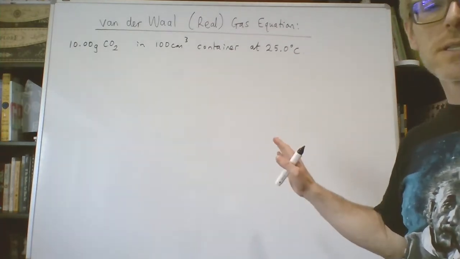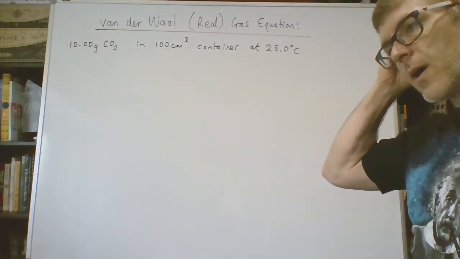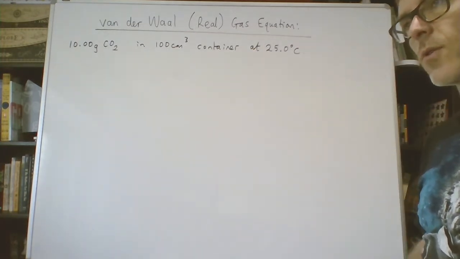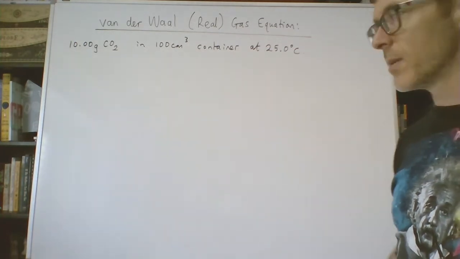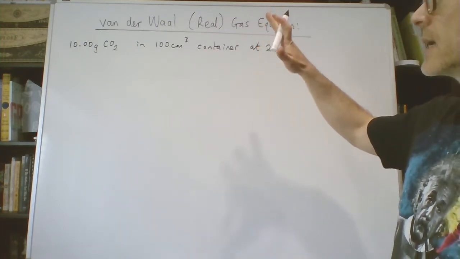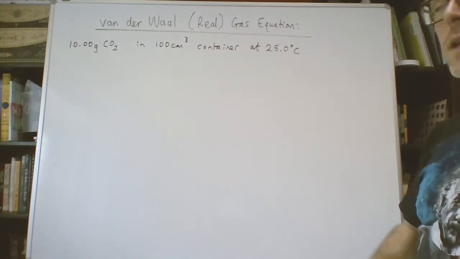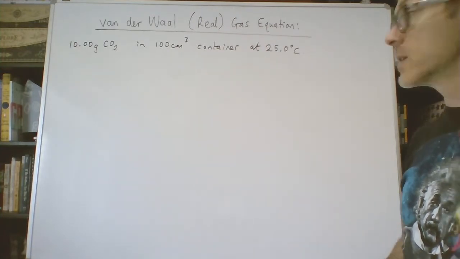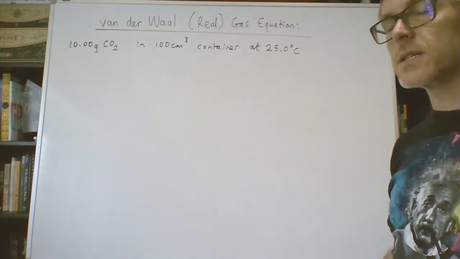I'm not really interested in following significant figures that much, so don't look at another one of my videos where I'm a bit more litigious about significant figures. The point here is I want to look at what the ideal gas equation would say the answer to this problem is, and then what the van der Waals equation would say the answer is, see that there's a difference, and see why one is unreasonable.